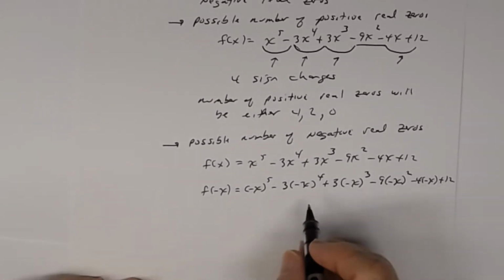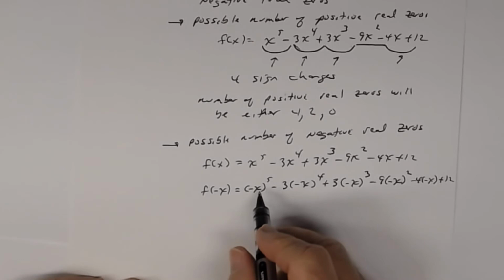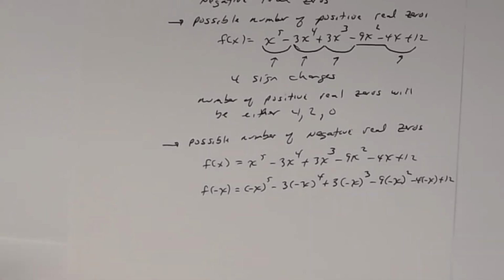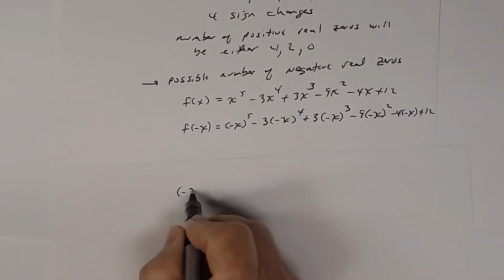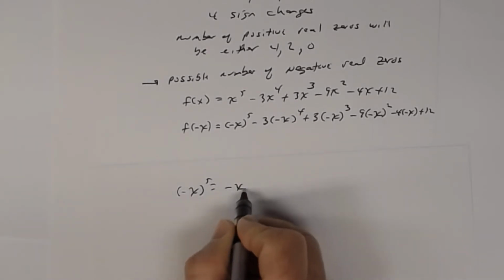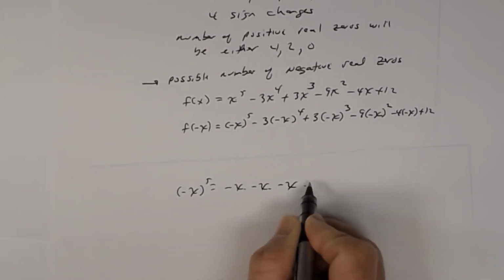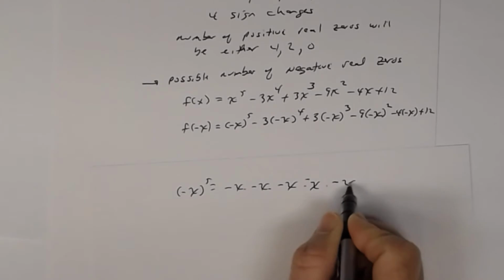But remember our discussion. A negative x to the 5th means this. Negative x to the 5th means negative x times negative x times negative x times negative x times negative x, right?